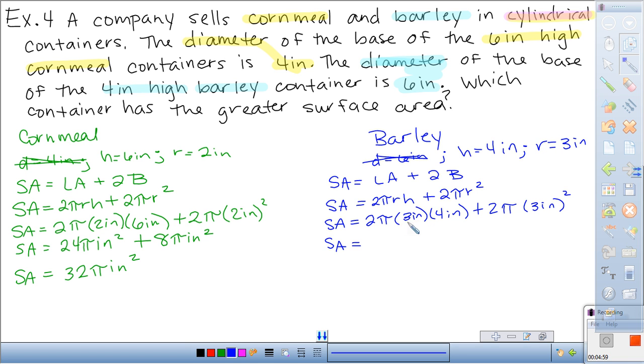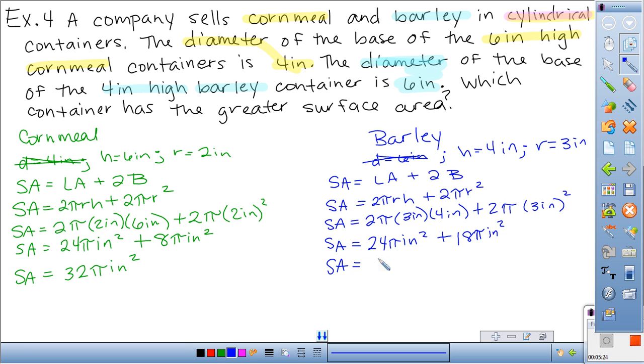2 times 3 inches, 6 inches times 4 inches, 24 inches squared times pi, 24 pi inches squared, plus, again we have to square first, 3 inches squared is 9 inches squared, times 2, 18, let's get that pi in there, 18 pi inches squared, and finally we add these two together and we end up with 42 pi inches squared.